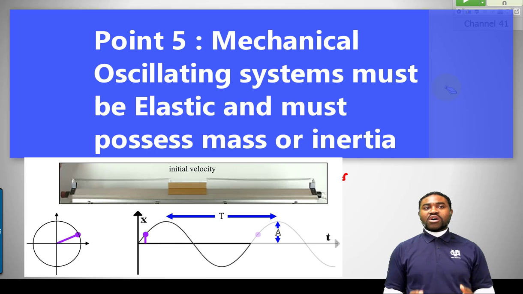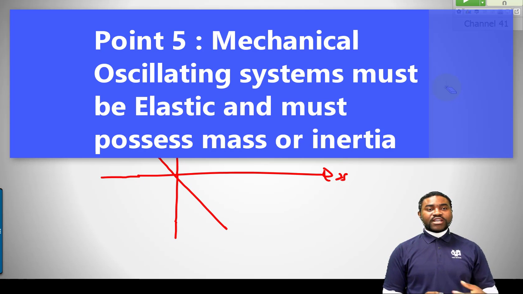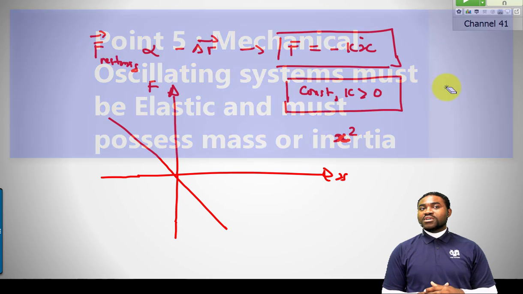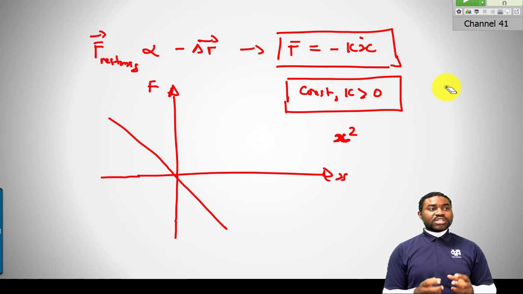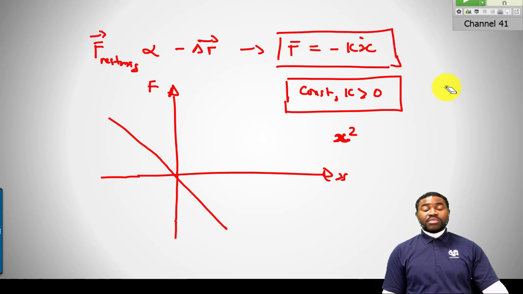A system cannot oscillate without interchanging potential energy and what? Kinetic energy. For you to have kinetic energy, you need mass or inertia. For you to have potential energy, you have to be what? Elastic.